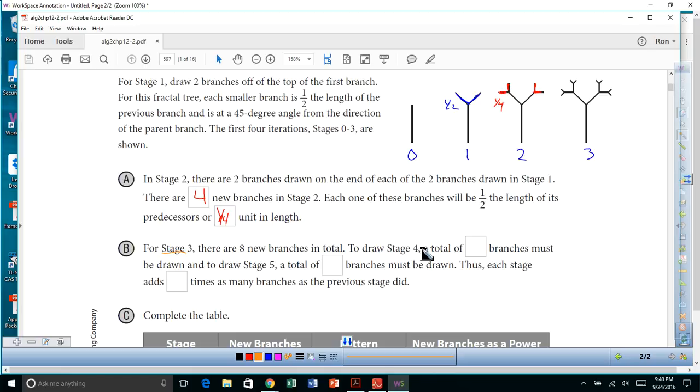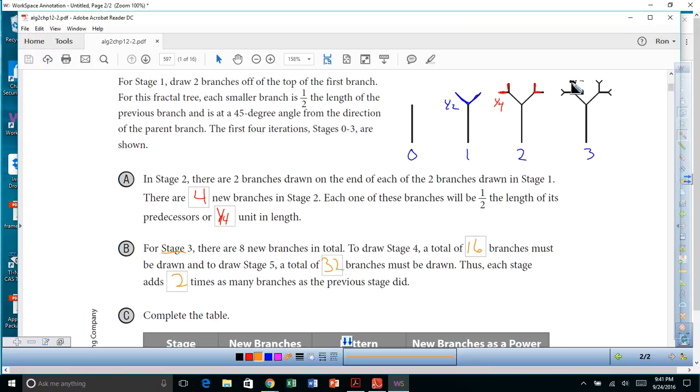To draw stage 4, a total of 16 branches must be drawn, and to draw stage 5, a total of 32 branches must be drawn. Thus, each stage adds 2 times as many branches as the previous.